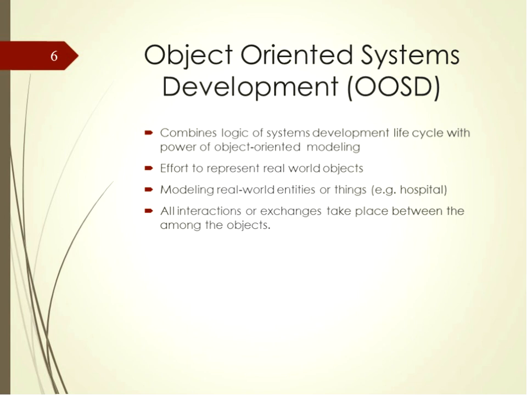Once the system is object-oriented, all of the interactions or exchanges take place between or among the objects. The objects are derived from classes, and an object consists of both data and the actions that can be performed on the data. Class hierarchy allows objects to inherit characteristics or attributes from the parent classes, which fosters object reuse and results in less coding.